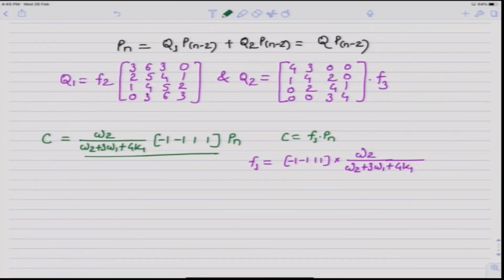Now, we can write Pn as Q times Pn minus 2. Now, Pn minus 2 can be expressed as Q times Pn minus 4.